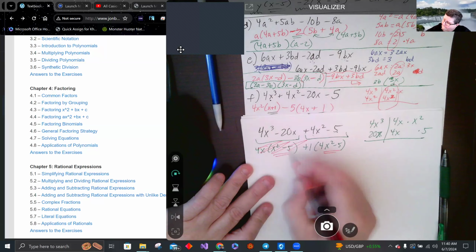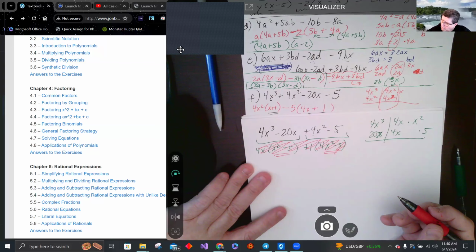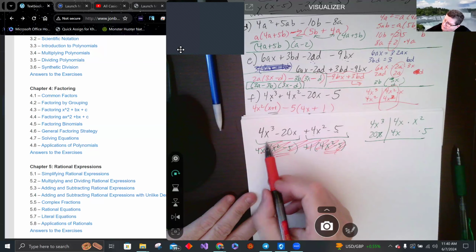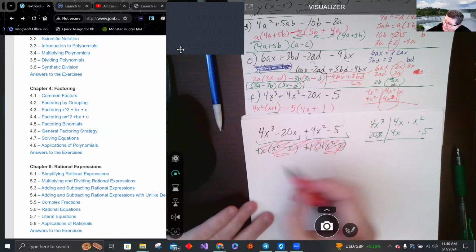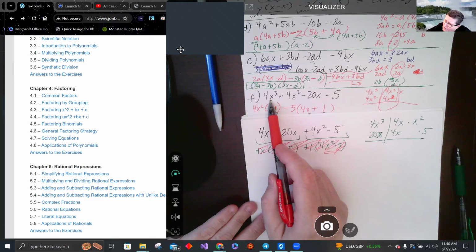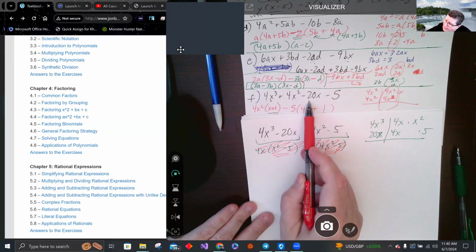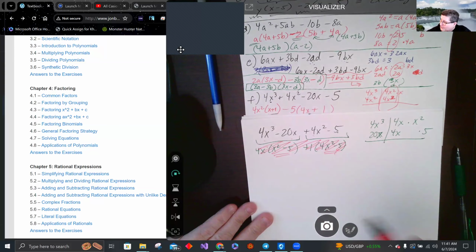Isn't that right? Does this not factor? It may not factor. We've tried the 4x cubed with the 4x squared. We've tried this one with this one. If I do the 4x cubed with the minus 5, it's not going to do anything. This actually doesn't factor.